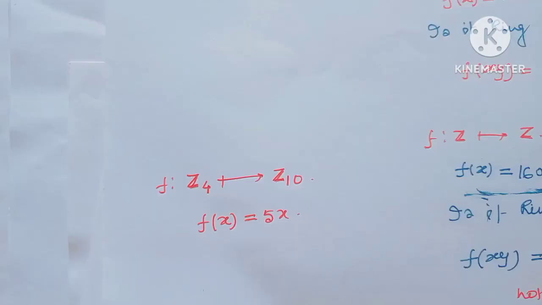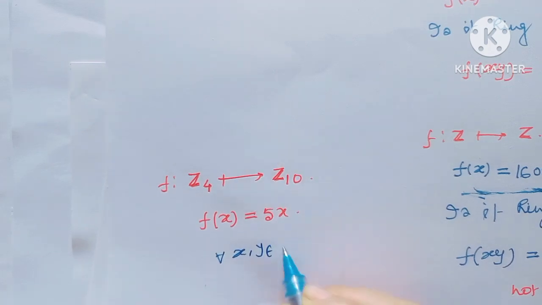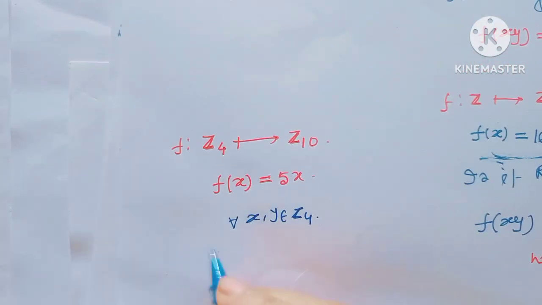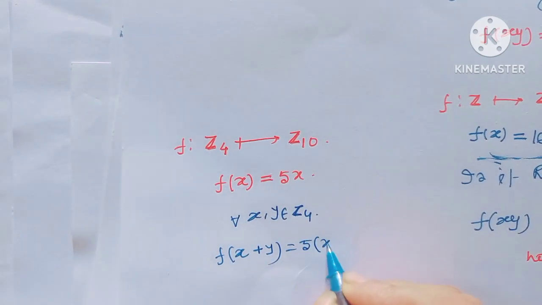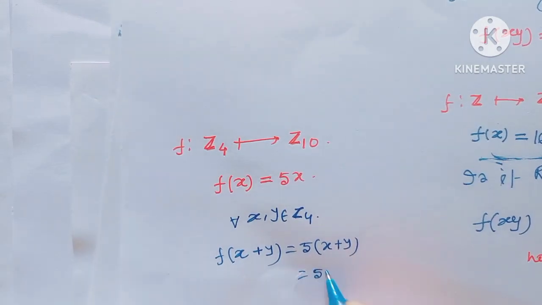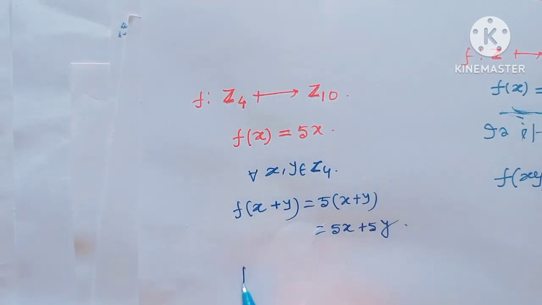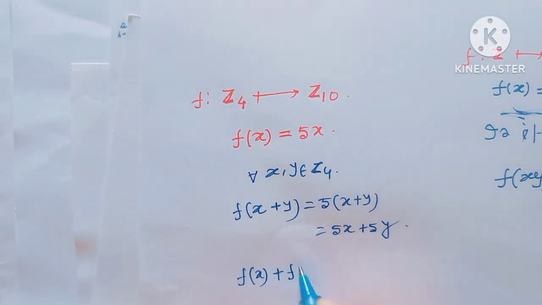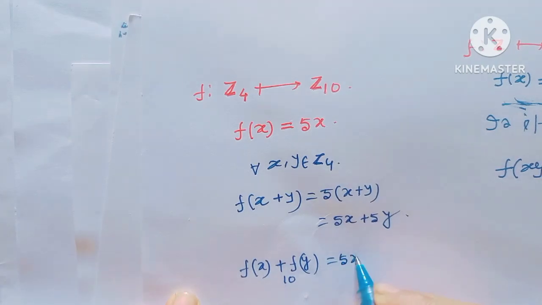Next example, consider a mapping f from Z4 to Z10 such that f of x equals 5x, for all x, y belonging to Z4. f of x plus y equals 5 times x plus y, which equals 5x plus 5y, and f of x plus f of y at modulo 10, because here it is Z10, equals 5x plus 5y.